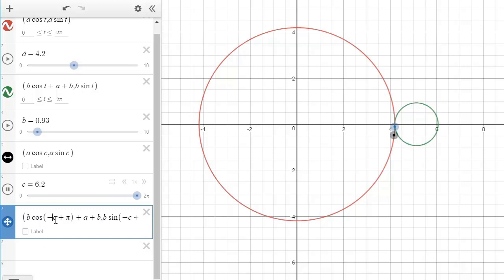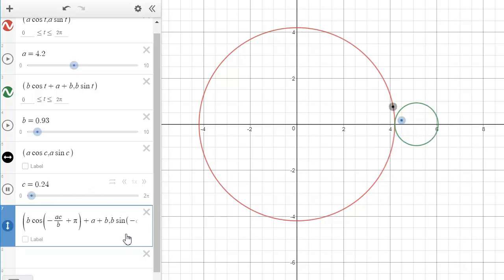So it would be AC and then divided by B.